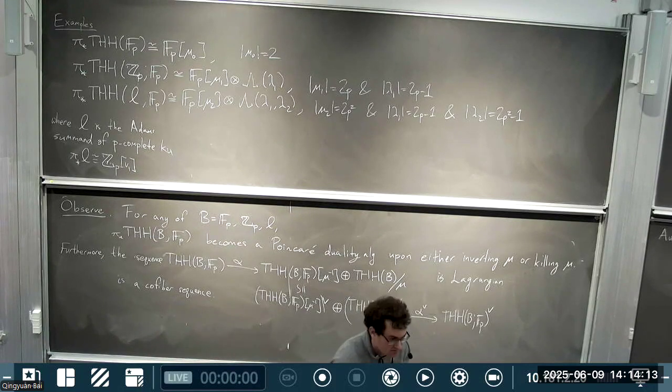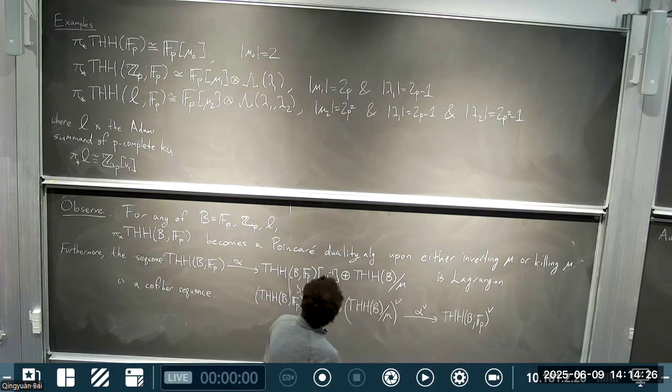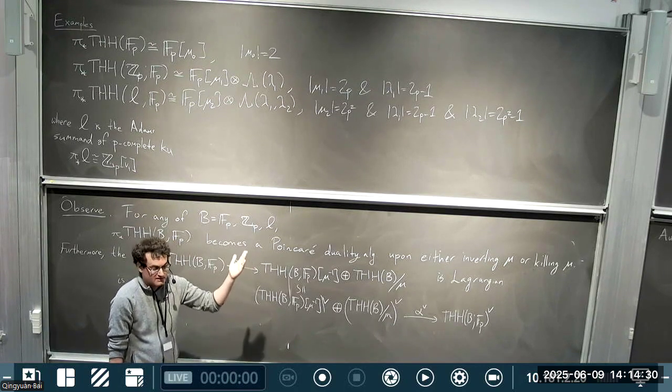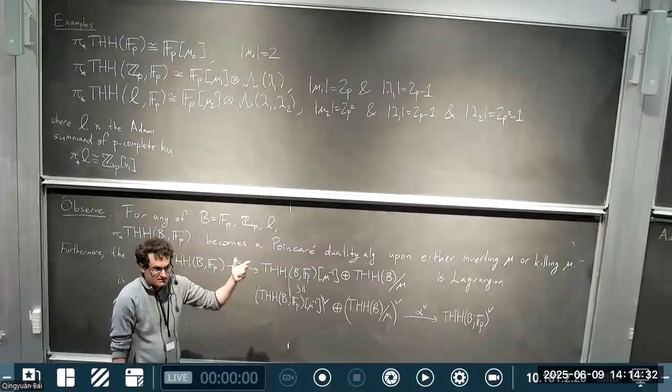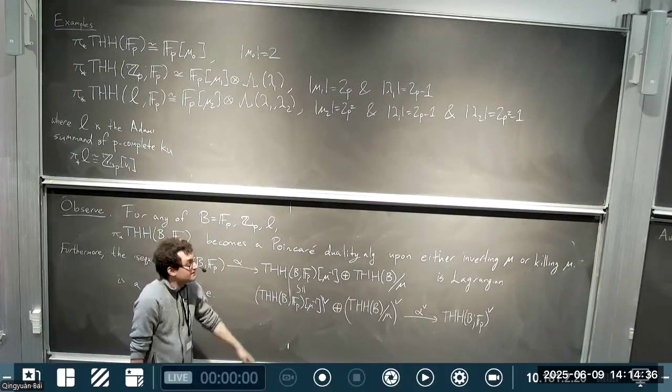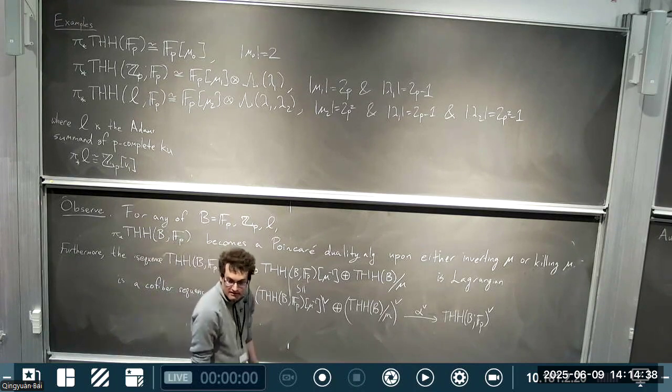Could you just quickly recall what a Poincare duality algebra is? Well, I just mean that there's a canonical identification of this thing with its dual. In this case, it's the statement that if you take, say, an exterior algebra, you can multiply with the unique thing to get to the top class, which is the product of the exterior generators.